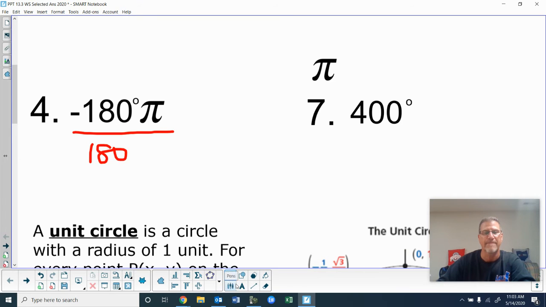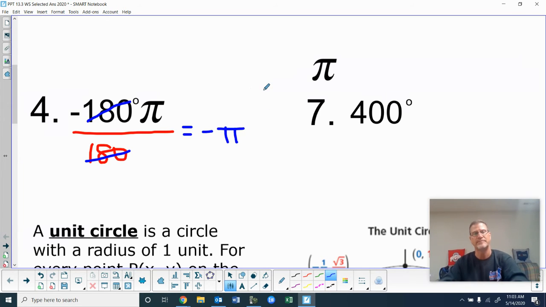And then the 180s would cancel. So in radians, that's negative pi. All right, simple.